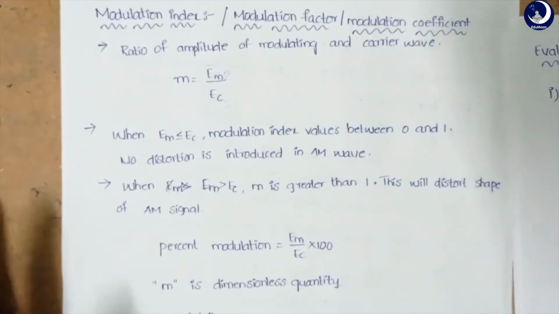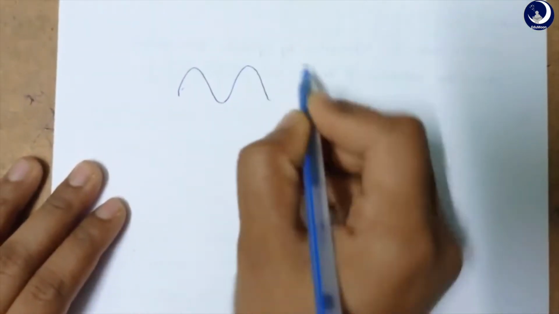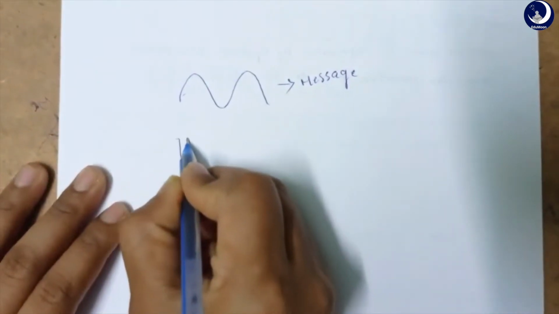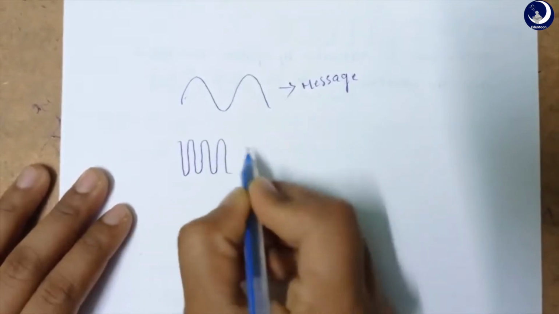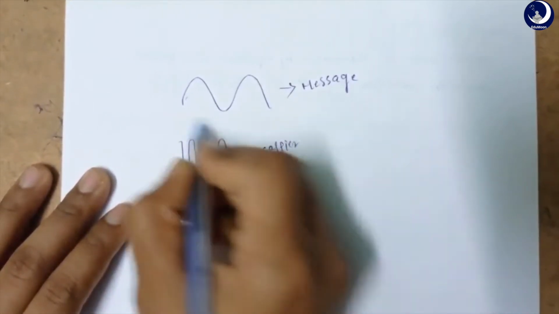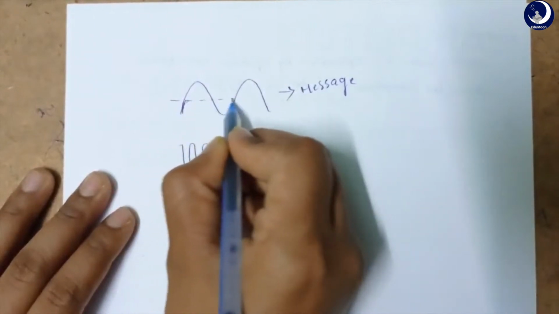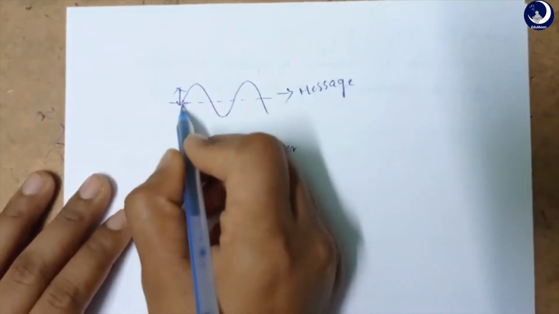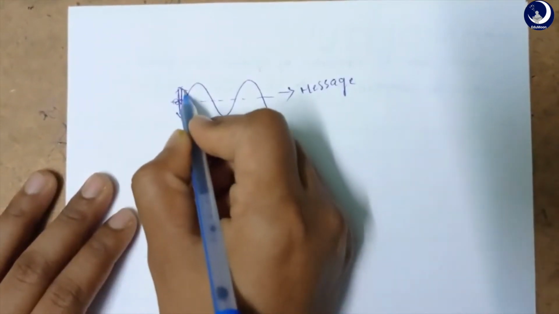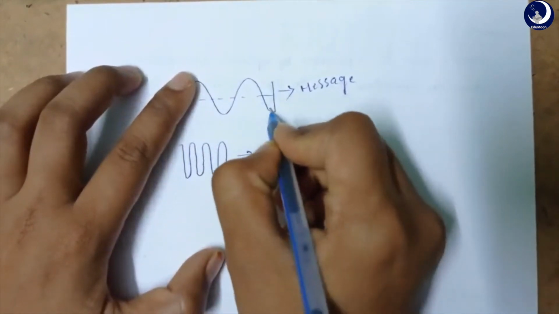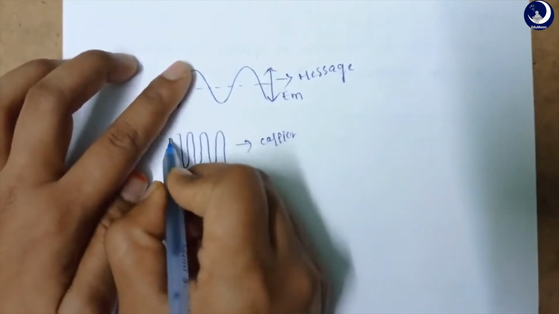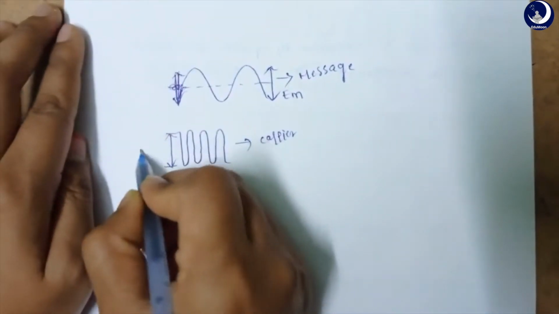For example, let's consider this is our message signal, and this is our carrier signal. This is the amplitude, let's consider this as Em, and this is the carrier wave amplitude, let's consider this as Ec.